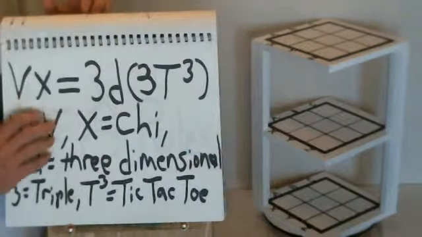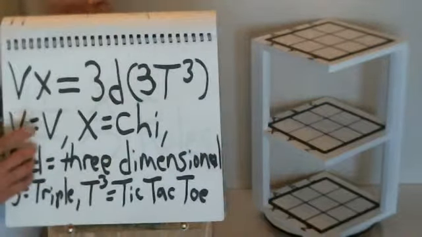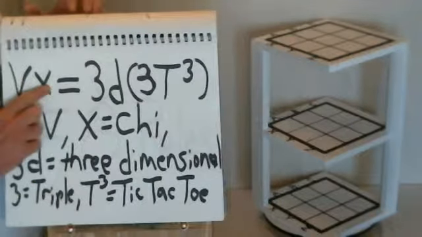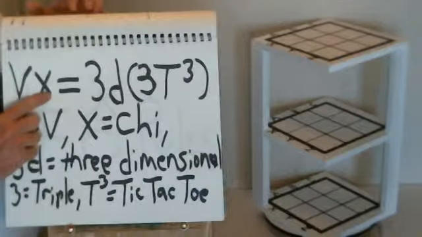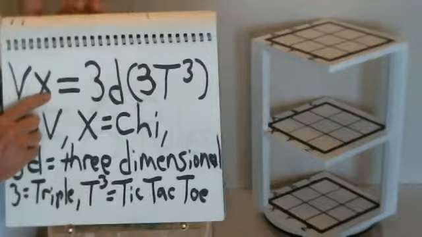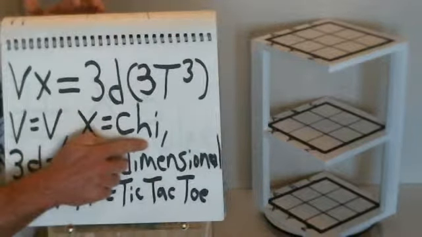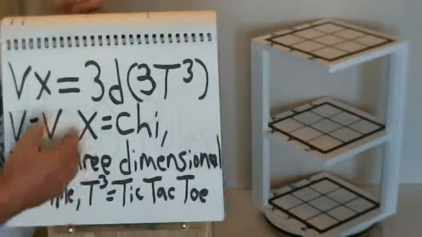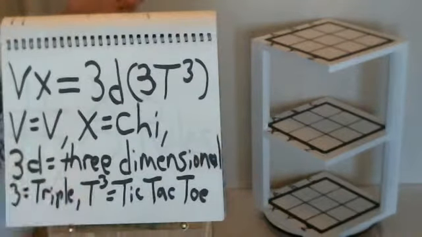And while that does seem like some kind of complex algebra, what it means is the V stands for V. The X stands for the letter chi from the Greek alphabet, which is spelled CHI. But we're going to pronounce it chi and not chi because it works for us that way.